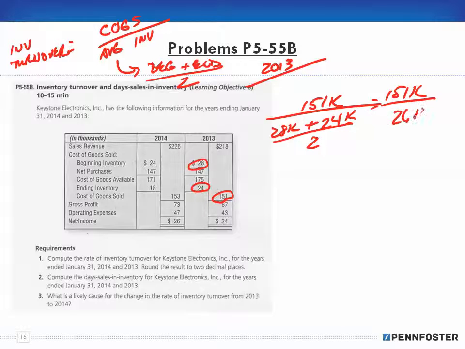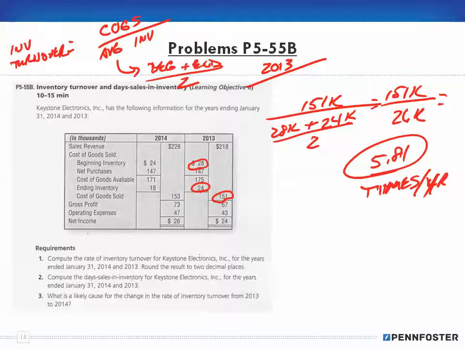So it's over 26,000. So 151,000 divided by 26,000 gives us 5.81 times per year. Okay, so the answer for 2013, the inventory turnover, let me write that up here, is 5.81. Actually, let me write that in black so you can see it a little bit better. 2013 is 5.81.